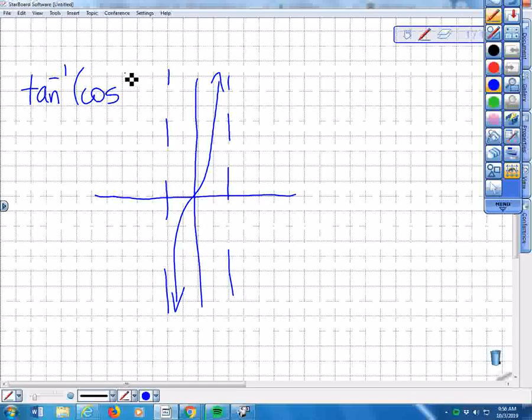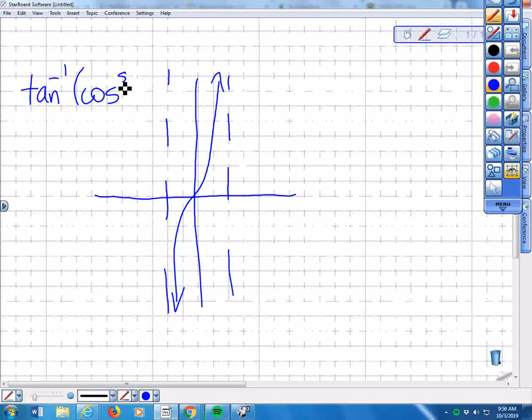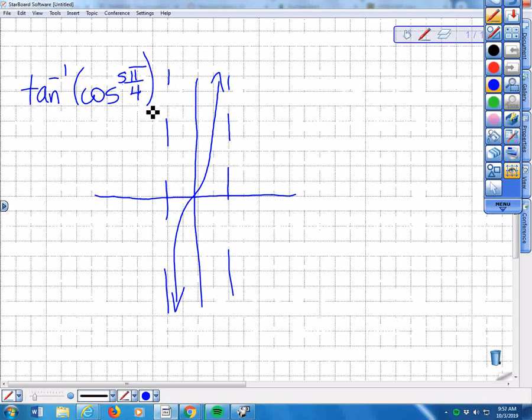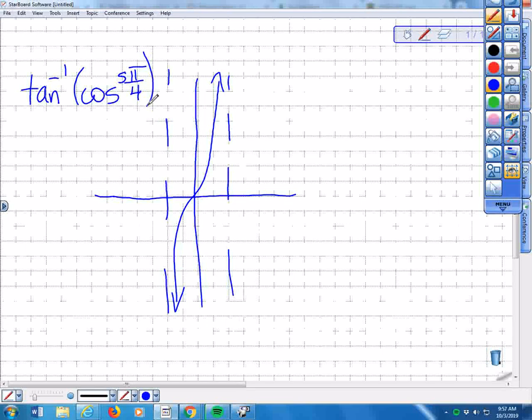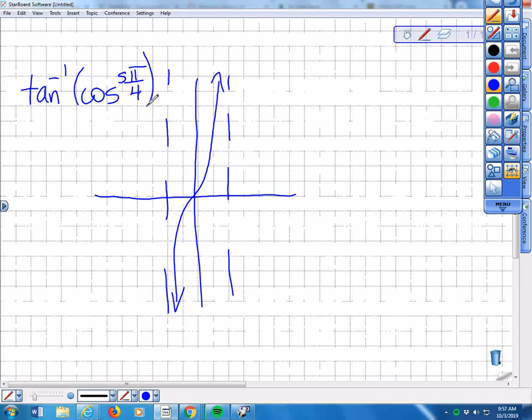I have to come up with one here. Inverse tangent of cosine of 5 pi over 4.